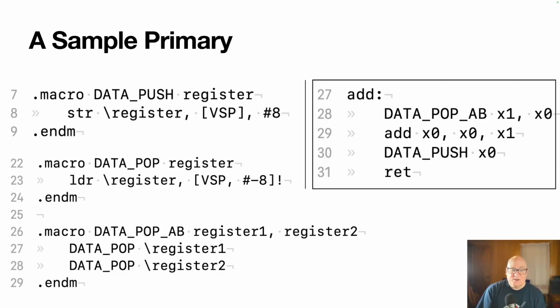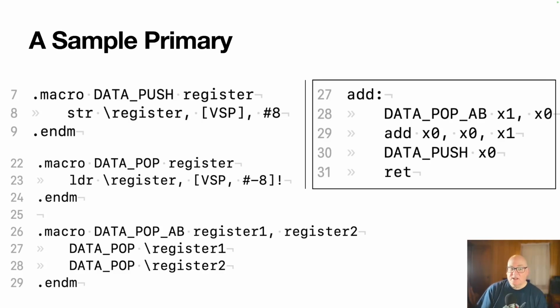Using that, we can define data pop AB, which pops 2 things. It just calls data pop for the first one, data pop for the second one. There's a convention that A, B, and C are the usual names for the first, second, and third entries on the stack.